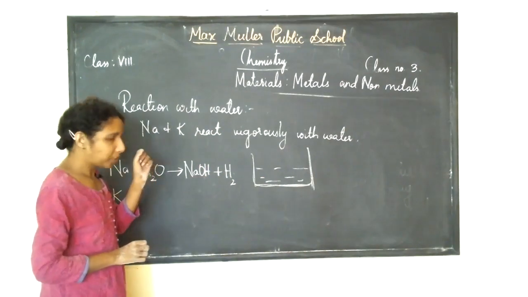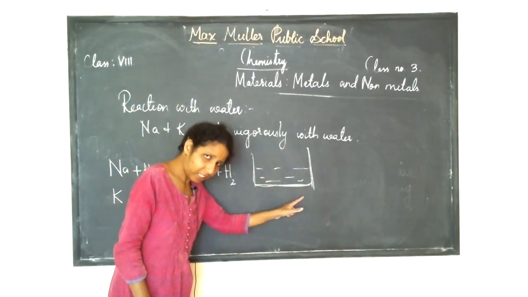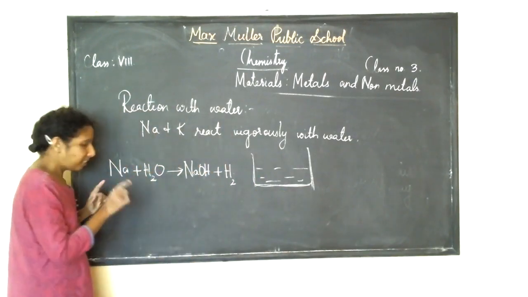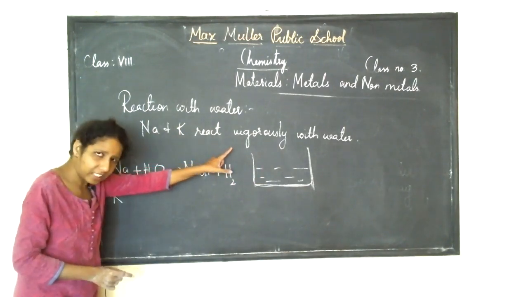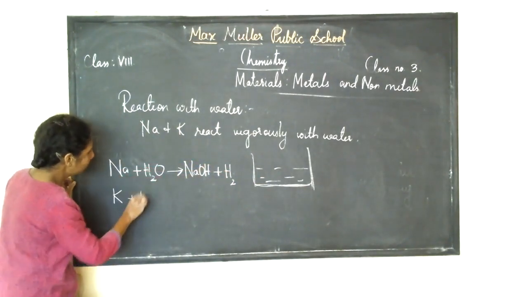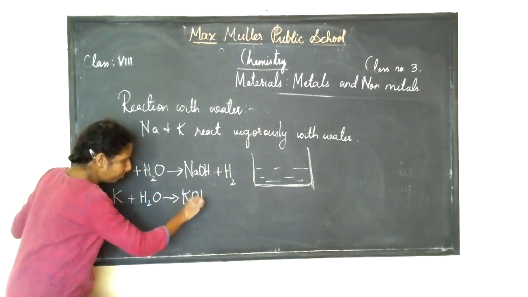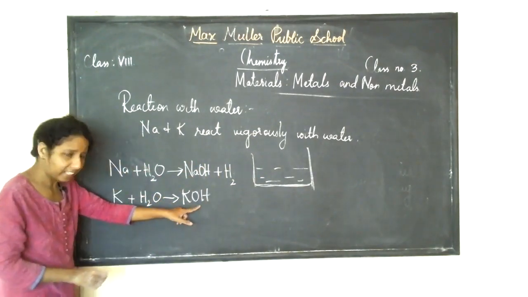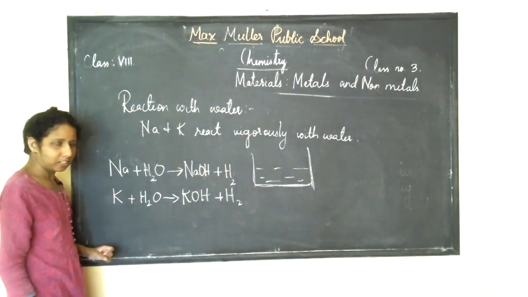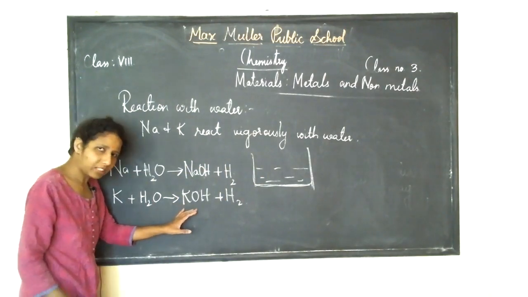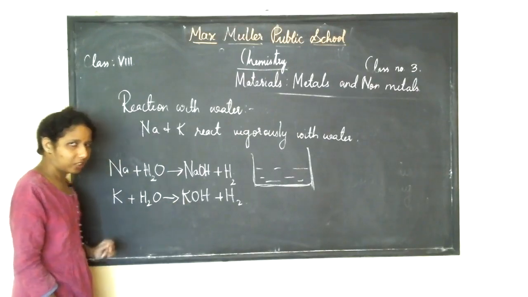If you put a small grain sized potassium into water in a beaker, same thing. That time also potassium reacts with water vigorously to form potassium hydroxide, liberating hydrogen gas. Here also, when I say a vigorous reaction takes place, a lot of heat is generated.